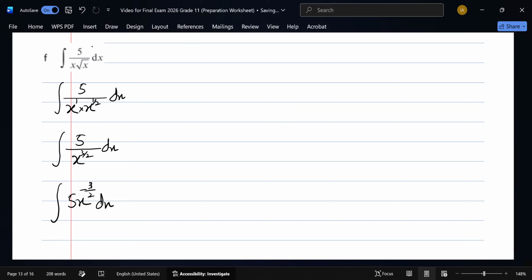Okay, now integration, we must add 1 in the power and do the same thing in the denominator. So it's going to be 5x power minus 1 over 2, and this is minus 1 over 2 plus c.